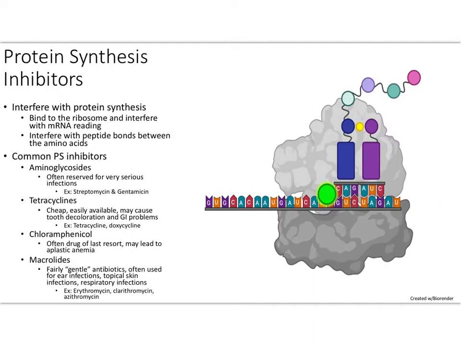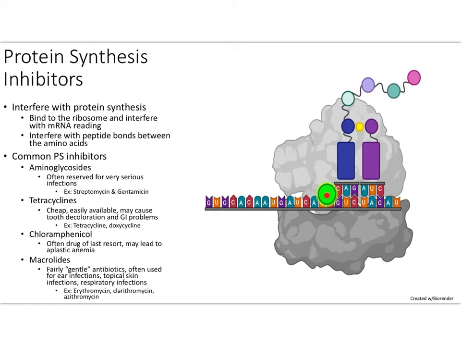Our 4th class are the protein synthesis inhibitors. And there are actually a lot of antibiotics that fall into this category. Protein synthesis inhibitors do one of 2 things. They either interfere with the mRNA being read at the ribosome so that tRNAs cannot be brought over and matched and amino acids can't be strung together, or they actually interfere directly with the peptide bonds between amino acids.